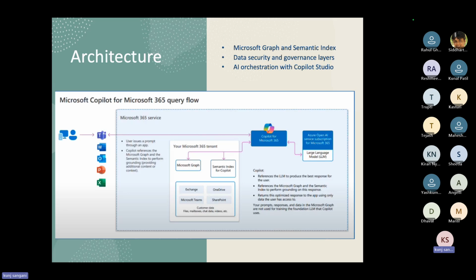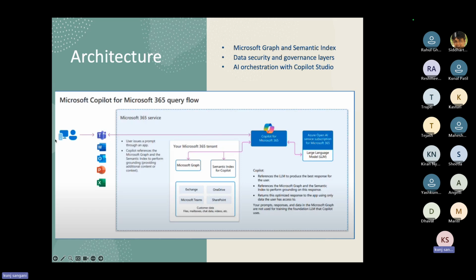Let's say you are in Teams or anywhere, and you ask it to bring a summary of all your emails. It will ask Microsoft Graph, for this particular user, to give the list of all the emails received. Based on that, as we understood with semantic kernel and those things in our previous session, it will do a semantic index, go to the LLM, get the data and get our response back.